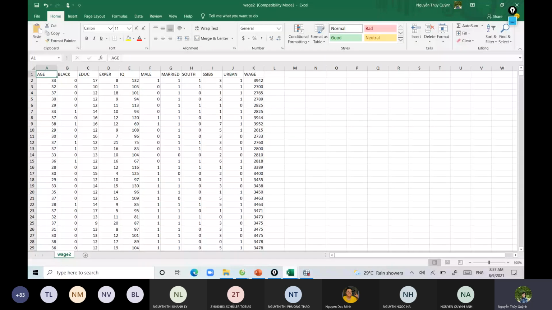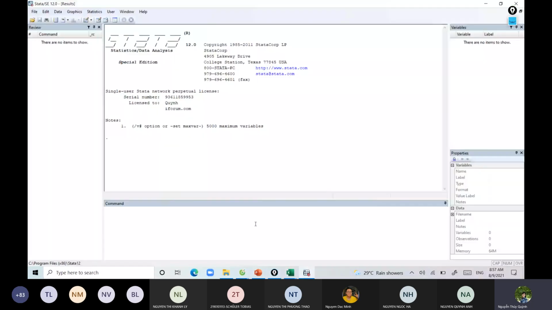This is the interface of Stata. We have some windows here. We have the result window. This is the command window, and if you want Stata to do anything, you just type the command here and press enter.